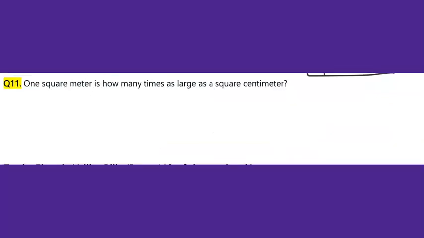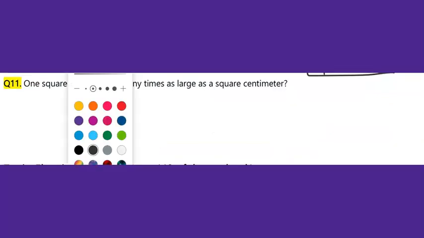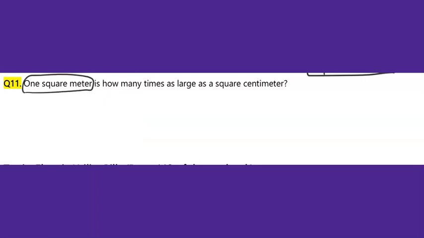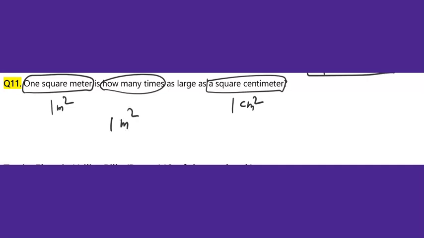Next question. 1 square meter, which is 1 m squared, is how many times as large as 1 square centimeter? It doesn't say 1, but it's the same as saying 1 centimeter squared. So I want to write 1 meter squared divided by 1 centimeter squared.